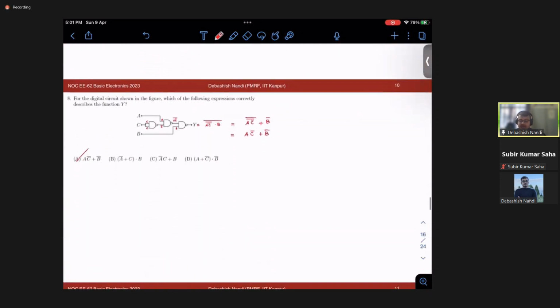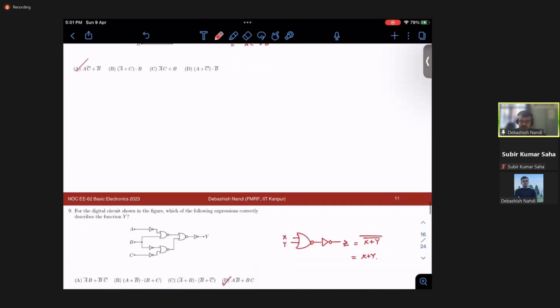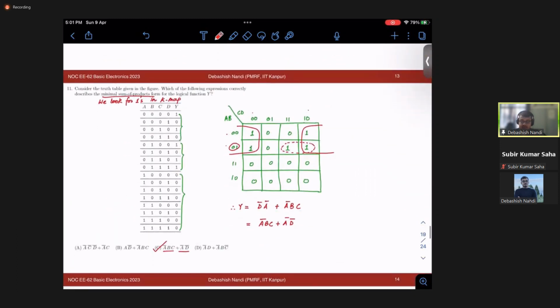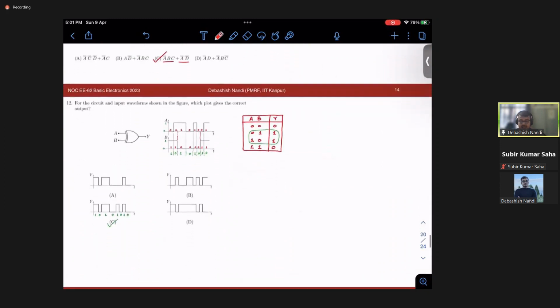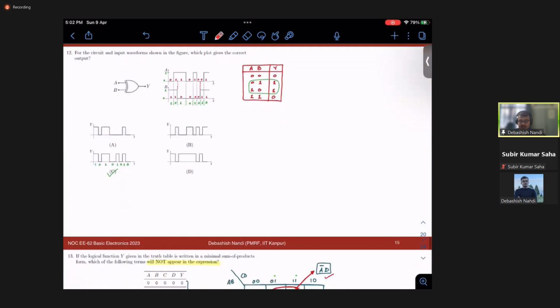Okay, then we have seen how to get simplification by using the circuits. These were pretty simple problems. Then we have seen how to simplify the Karnaugh map again with some examples. Then we have tried to visualize how pulse trains look like in 0 and 1 form, so that if this kind of question comes in the exam, you will be very comfortable to deal with these things, right?